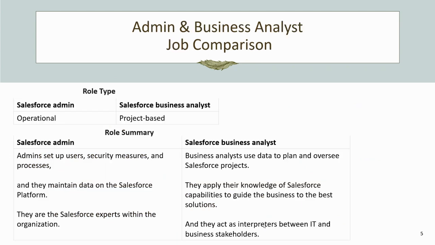So the first one here is the job comparison. On the admin side, think about two different people now. The admin is basically an operational person. They take the whole organization, and they have to operate in an operative manner, taking care of each and everyone involved in it.